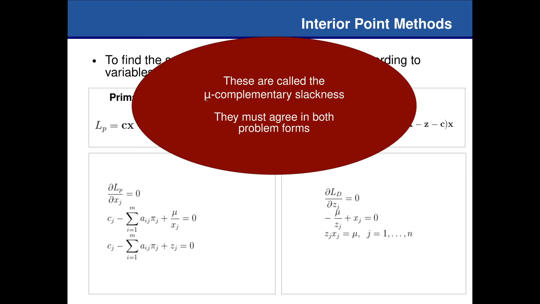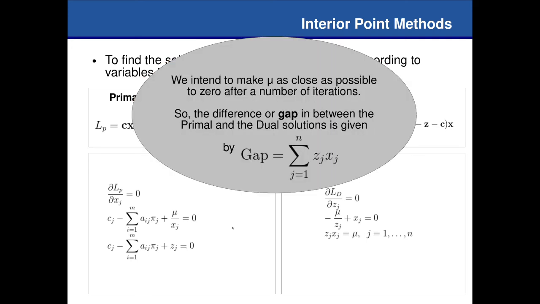Our mu is also called the complementary slackness. Take a look. Mu is basically what? A way of connecting our primal and our dual problems to find the same solution. Wow, so nice. Mu has also another name. It's also referred to as the gap.